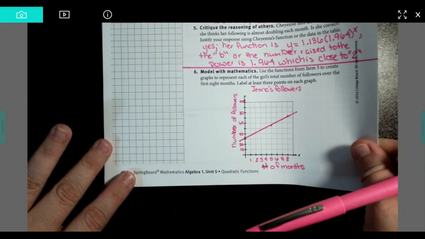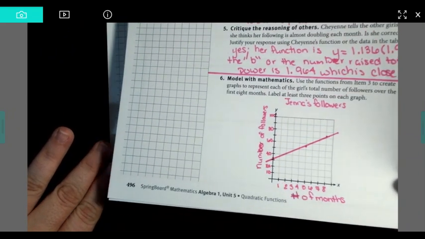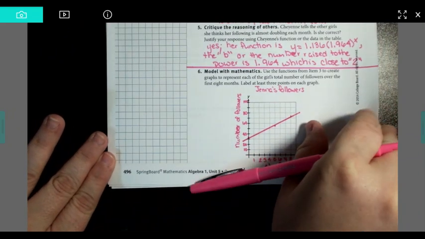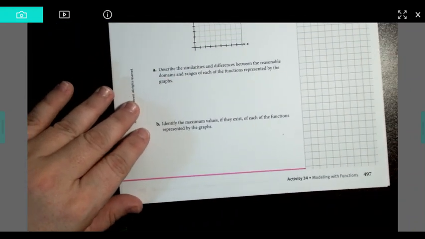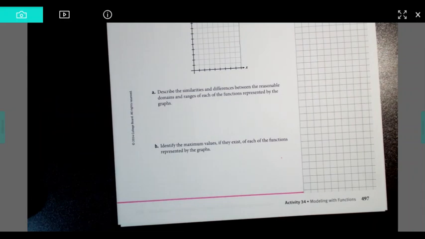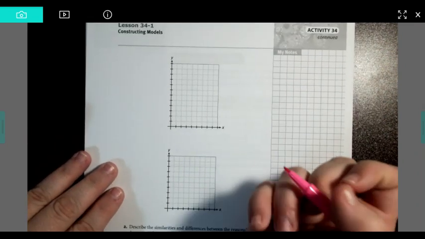All right. I'm going to put this off to the side real quick. All right. Now we're going to do Cheyenne's data.